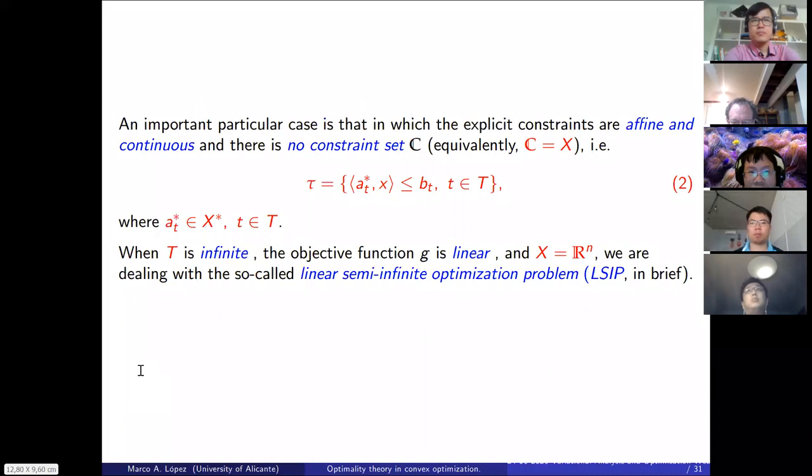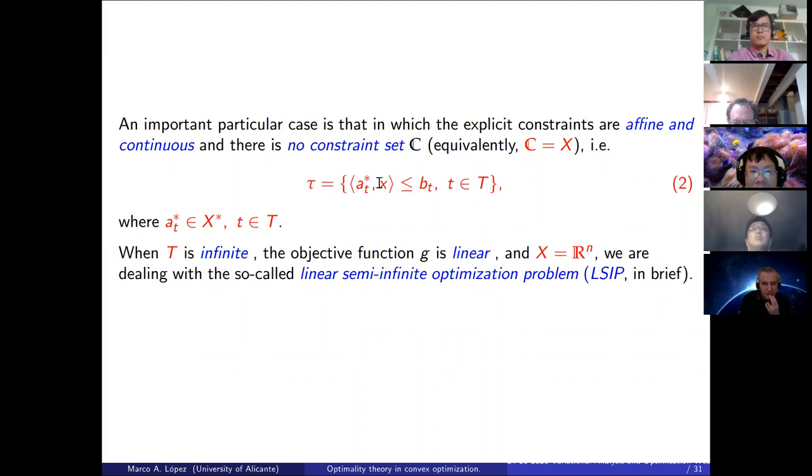There is an important particular case, which many times is a kind of good example, but there are differences in the results between the linear case and the general convex case. The linear case is the simplest one. I'm assuming that the inequalities are affine and continuous, so the set of constraints is this one, where a_t star belongs to the topological dual of my space.